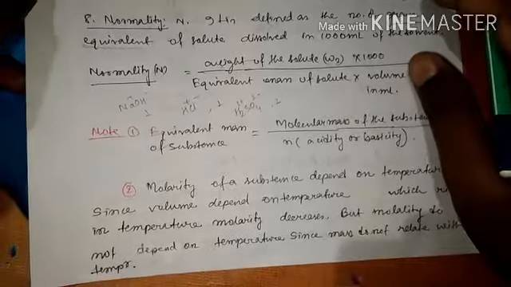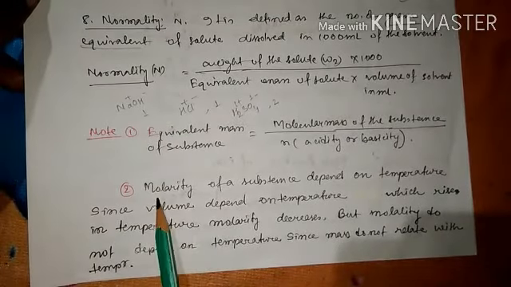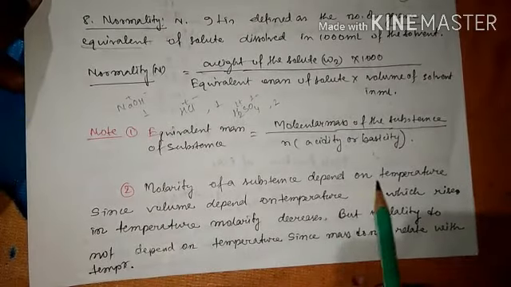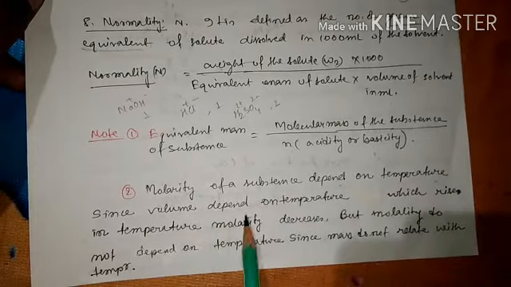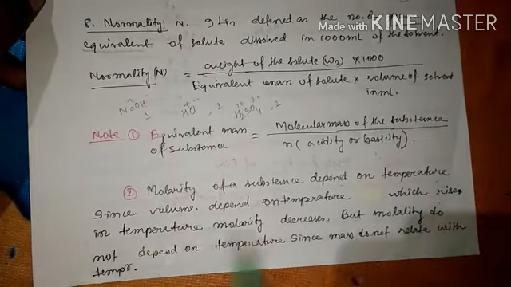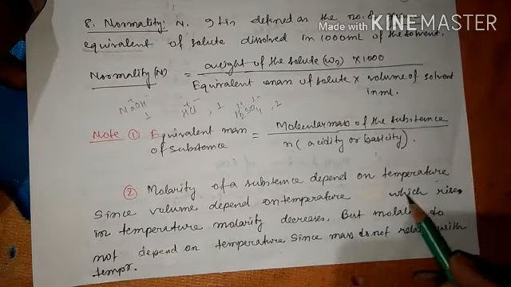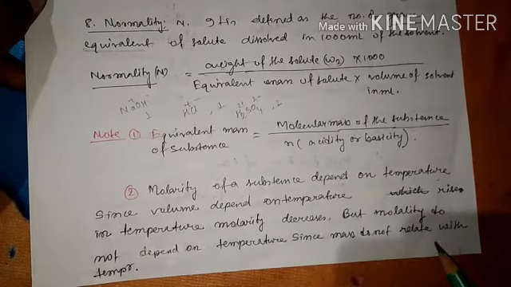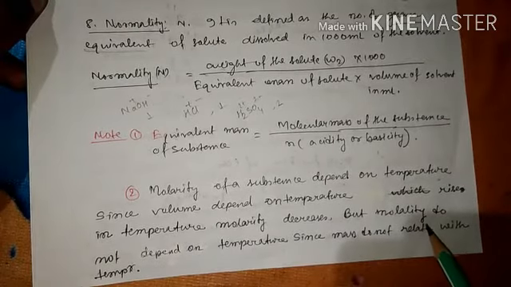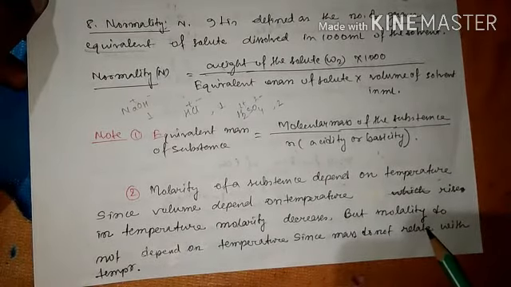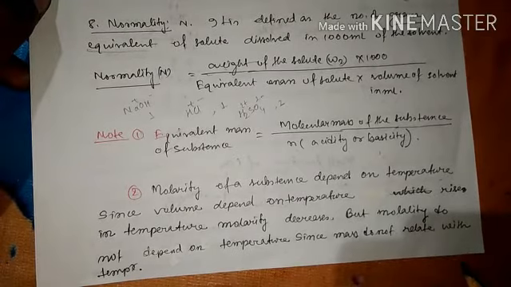Next, molarity of a substance depends on temperature, since volume depends on temperature. With a rise in temperature, molarity decreases. See, molarity actually depends on temperature because it is related to volume.